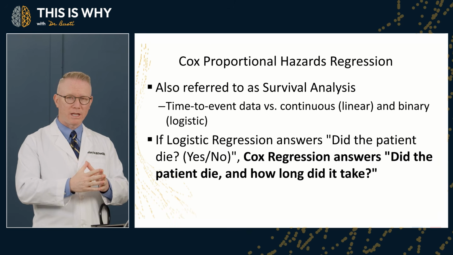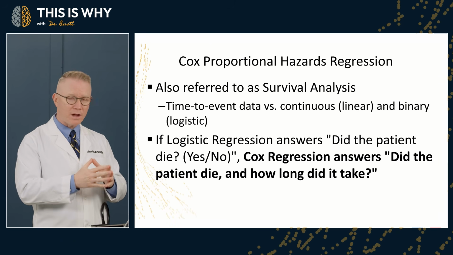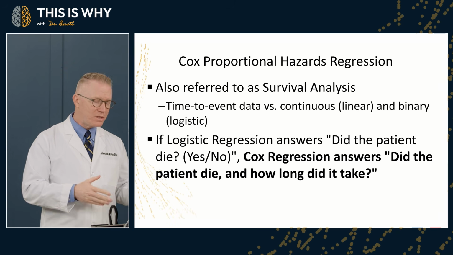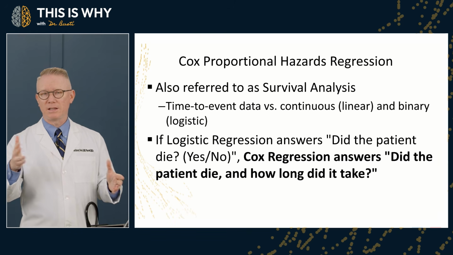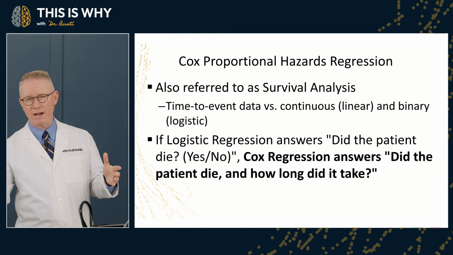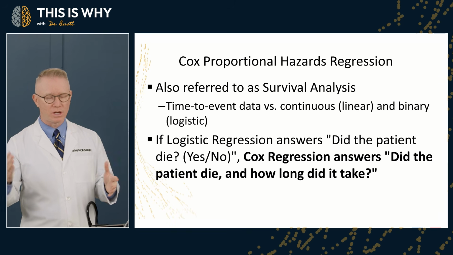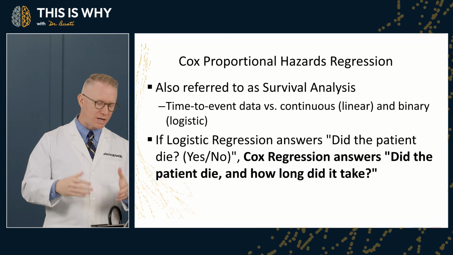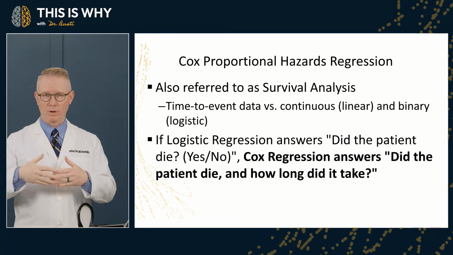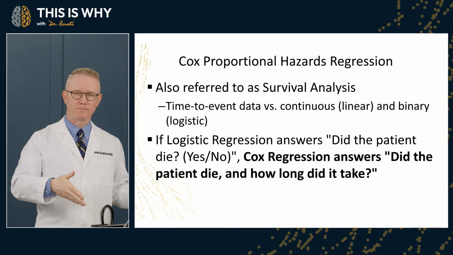Now we will use things, because you'll see, like survival analysis, which is a kind of Cox proportional hazards regression, okay? This is time to event data versus a continuous linear and binary logistic, right? So if the logistic regression answers, did the patient die, well, that's a yes or a no, isn't it?